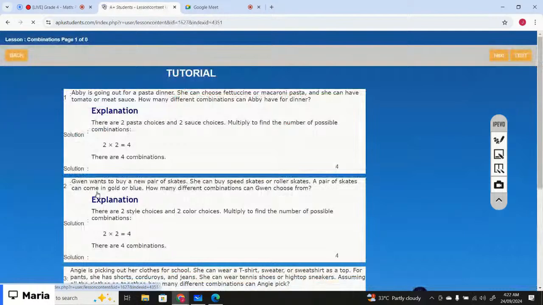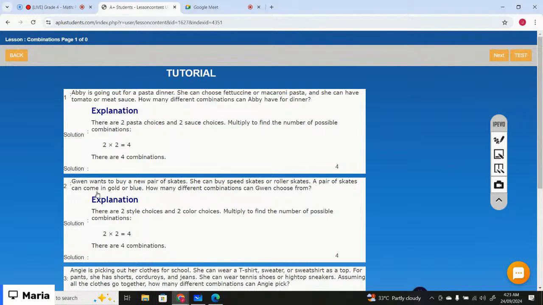Combinations. The next lesson is combinations. Abby is going out for a pasta dinner.